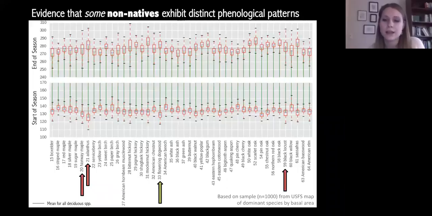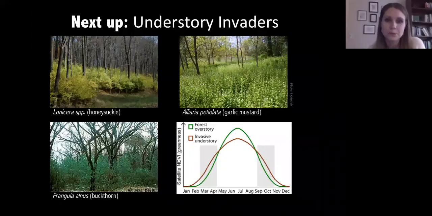In addition to canopy species, we're also very interested in understory invaders. So there's the expectation that understory invaders like honeysuckle, garlic mustard, and buckthorn, shown here, that are known to have an earlier green up, may influence the phenology signal earlier in the season.